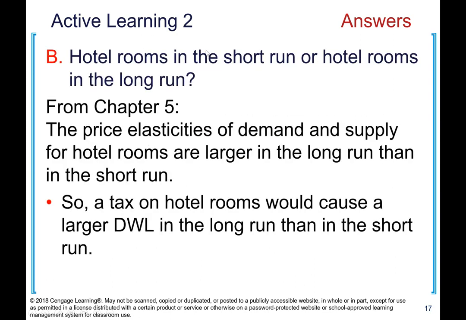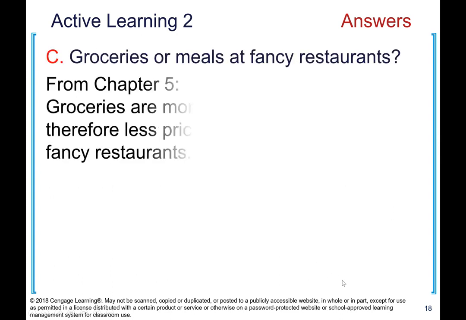Number B, hotel rooms in the short run or hotel rooms in the long run. Also from chapter 5, the price elasticities of demand and supply for hotel rooms are larger in the long run than in the short run. So a tax on hotel rooms would cause a larger deadweight loss in the long run than in the short run.